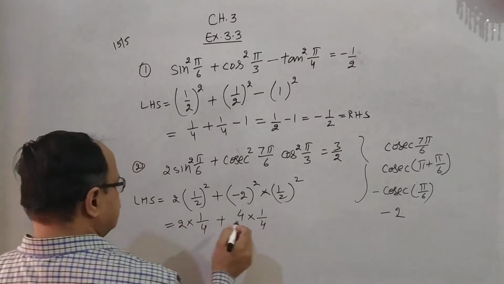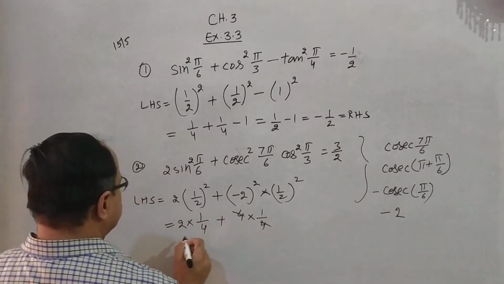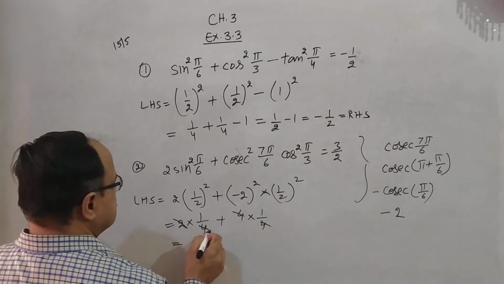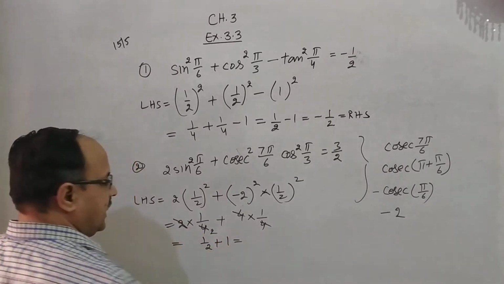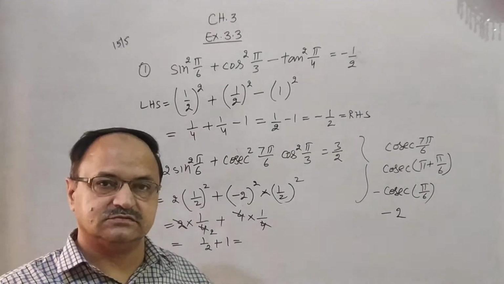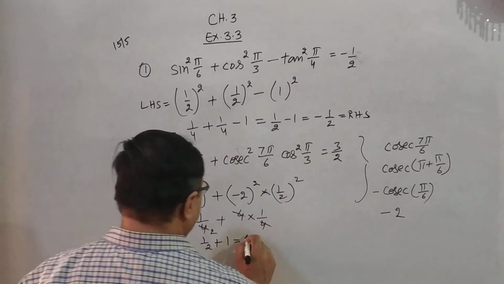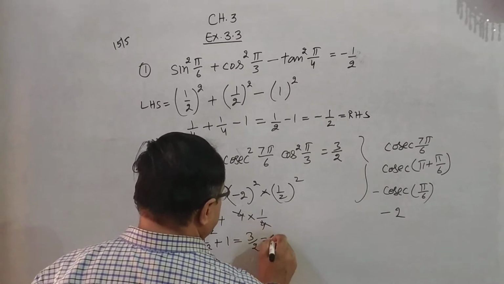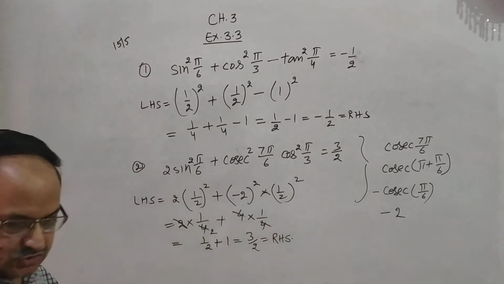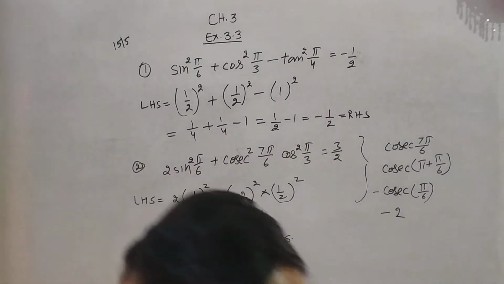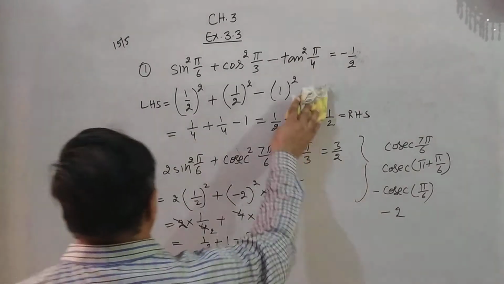You know that 4 and 4 cancel, and this will also cancel. So 1 by 2 plus 1, 3 by 2. It is 3 by 2, and that is the right hand side. This is the solution of question number 2.